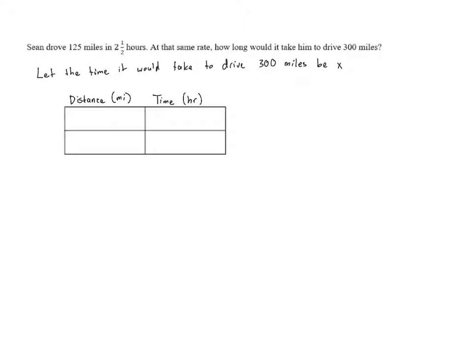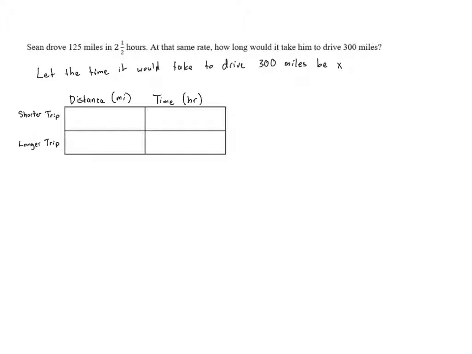And again, we have information based off of 2 different trips. There's the shorter trip, where he goes 125 miles, and the longer trip, where he goes 300 miles. So that's how we can label the 2 rows, the shorter trip and the longer trip.